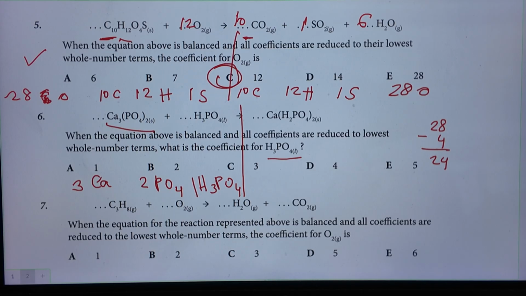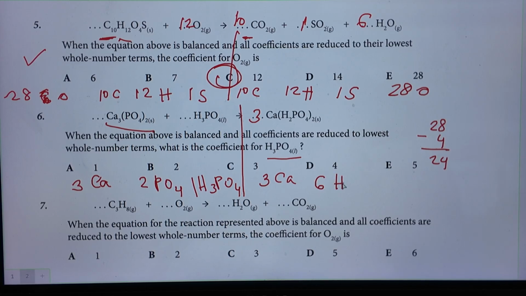Okay, and then here you would need at least 3 here, so you have 3 Ca. You would have 6 H. Right, and then let's say you would have 2 PO4s. And so what you would have to do to get these 3 H's to match this, you would have to put a 2 here.